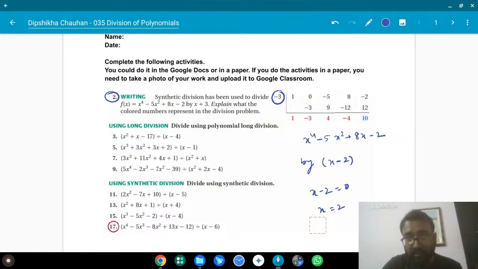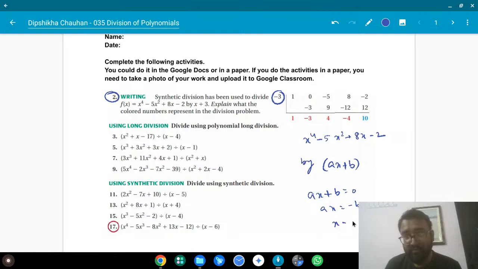Moreover, it is ax plus b. It's a general case. So when ax plus b equals 0, ax equals minus b, and x equals minus b by a. So at that time you have to take here minus b by a. Okay, so that is a more general case.